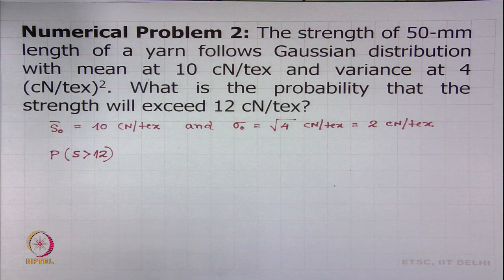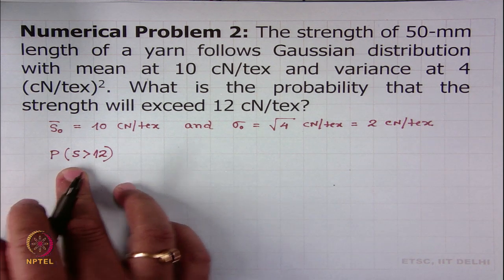Okay. Now, strength at 50 mm gauge length follows Gaussian distribution. So, we will now find out this probability.